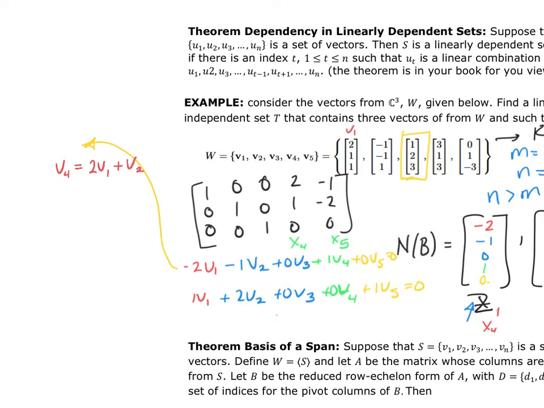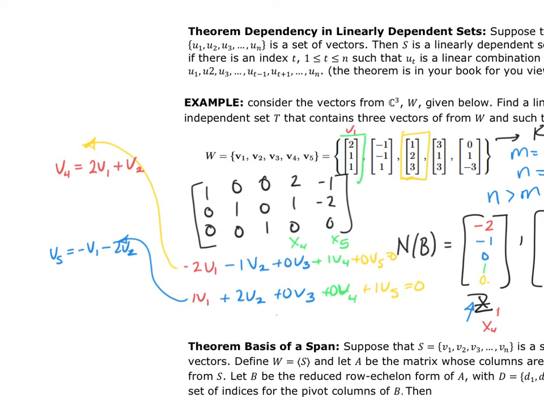So v sub 4 is a linear combination of v1 and v2. Now if I take this one and solve for v5, v5 is going to be negative v1 minus 2v2. That means v5 is a linear combination of v1 and v2.